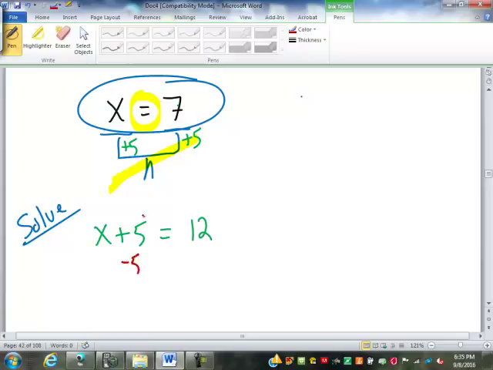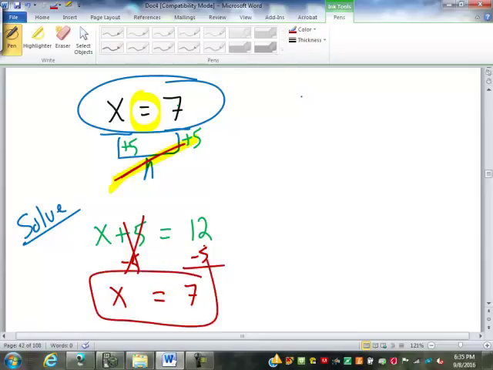Subtract 5. We subtract 5, takes that 5 off. We have x there. But again, because of this balanced scale, whatever we do to one side, we have to make sure we do exactly the same thing to the other side. So we subtract 5 from the other side. 12 minus 5 is 7. So we're back to that form, x equals 7.